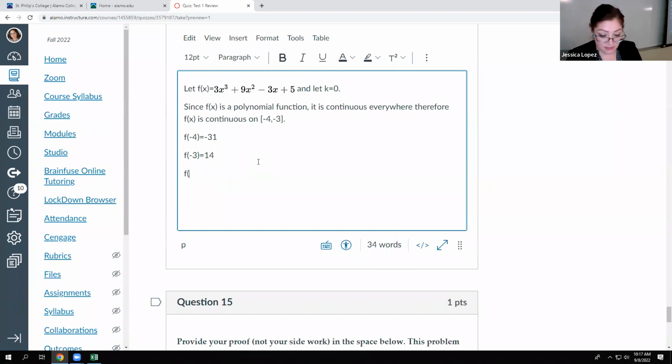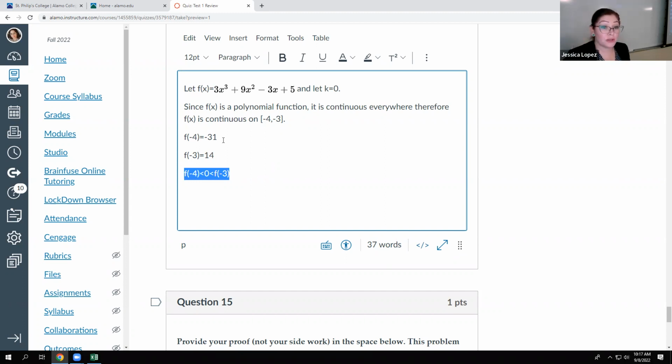So I'm gonna say that this guy, because that's what -31 represents, is less than your k, which is 0, and then is less than the other guy, which is 14, which is f of -3. This is all you needed to show, was that this criterion was true, okay?